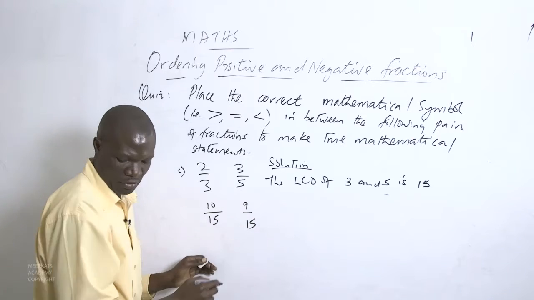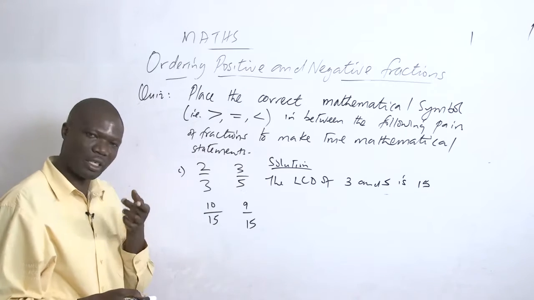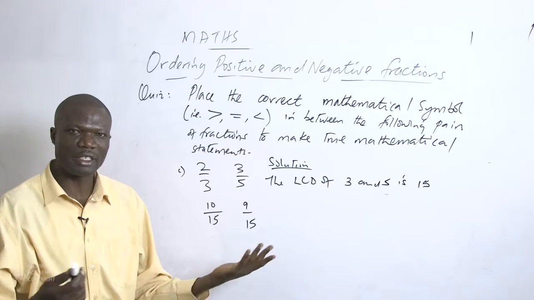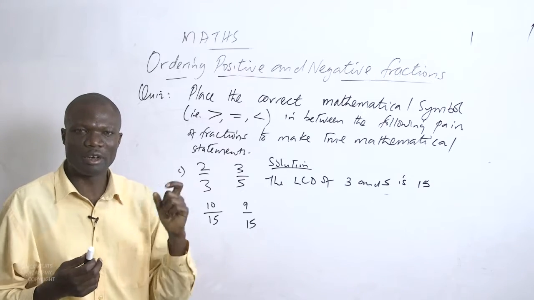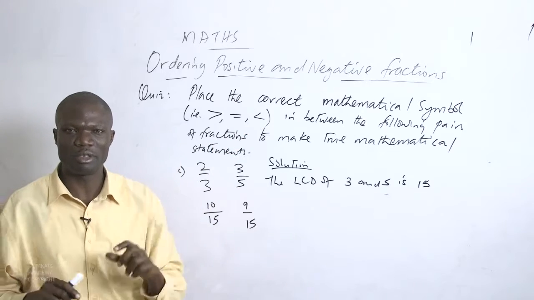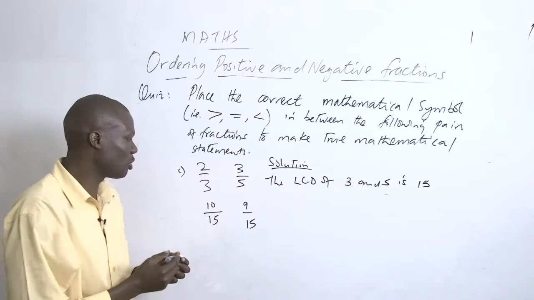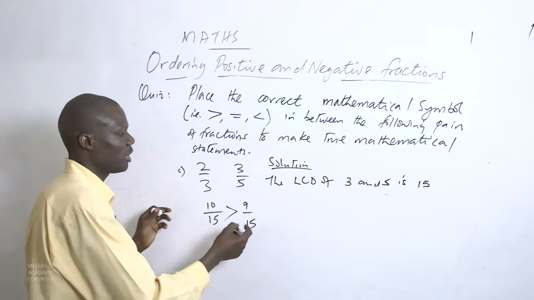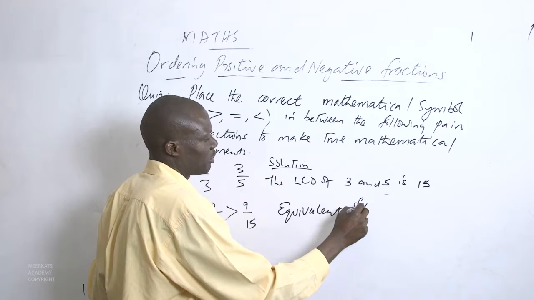So we have 10 over 15 and 9 over 15. The denominator is the same now because they are equivalent fractions. The rule says if the denominators are the same, then the numerator with the least value is the smallest. Between 10 and 9, 9 is the least, so 10 over 15 is greater. Here we are only coming up with what we call equivalent fractions.